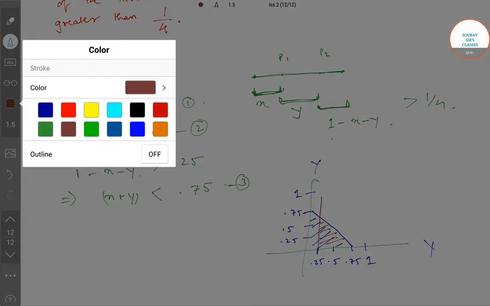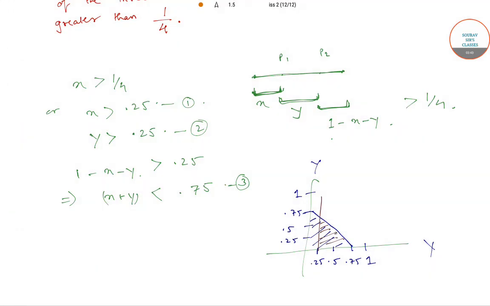Let me take this color. So y is also greater than 0.25. So the area is this one. This triangle is the desired area, satisfying all 3 equations 1, 2 and 3.